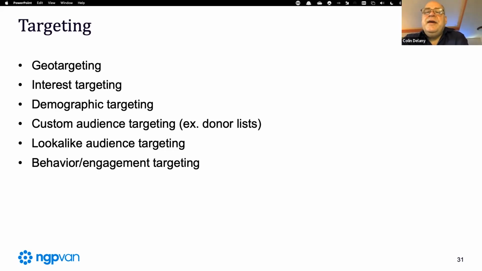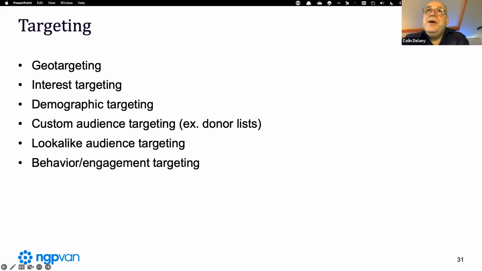Now, as we mentioned earlier, you can use a custom audience to target people with ads on a list that you purchased, but you could also turn that purchase list into a lookalike audience. A lookalike audience on Facebook or similar platforms is basically based on all the information that, say, Facebook has about you. They're going to find the people who are most like your audience in the broader public on that platform.